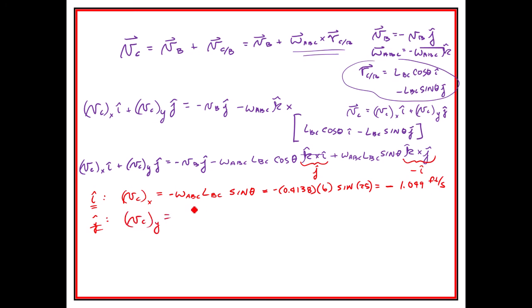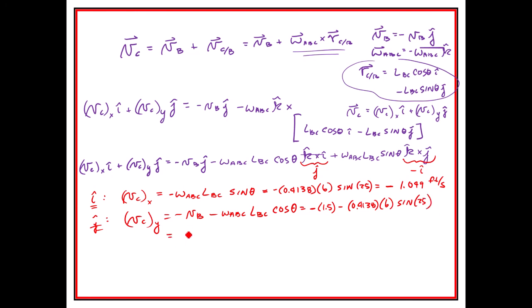V_Cy, we get negative V_B and negative omega ABC L_BC cosine of theta, and therefore we get negative 1.5, that was a given, minus our 0.4138, and sine of 25.